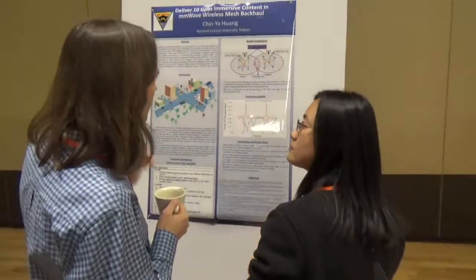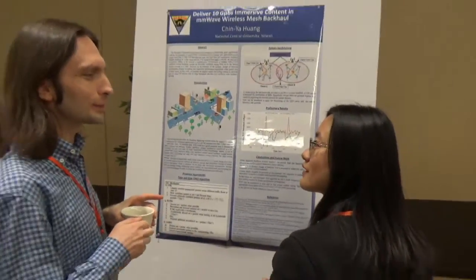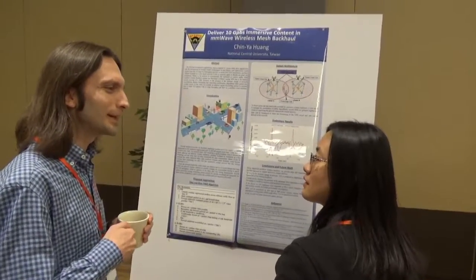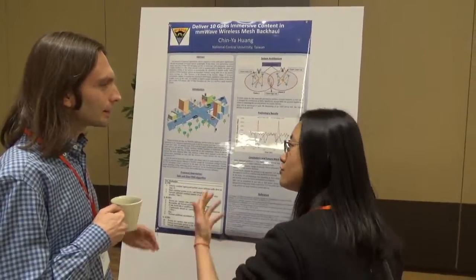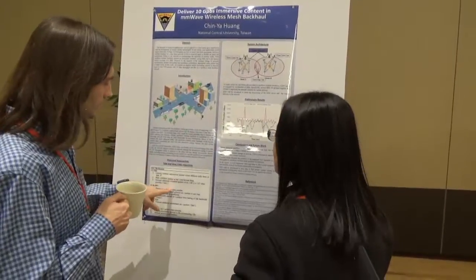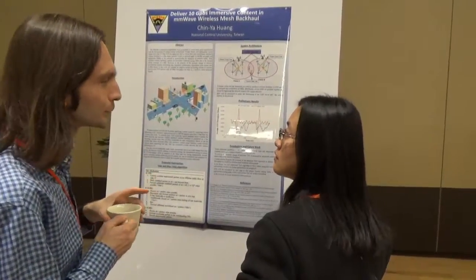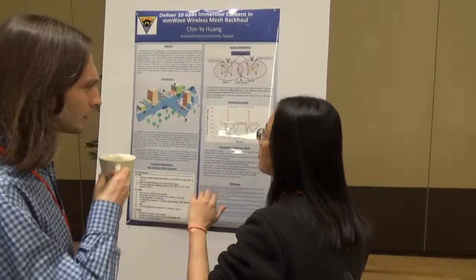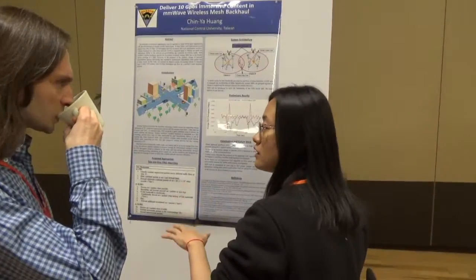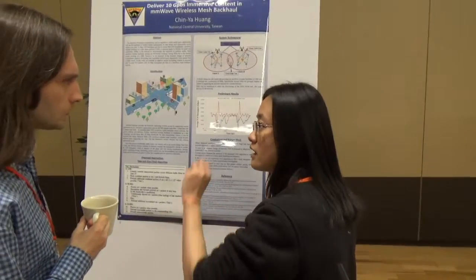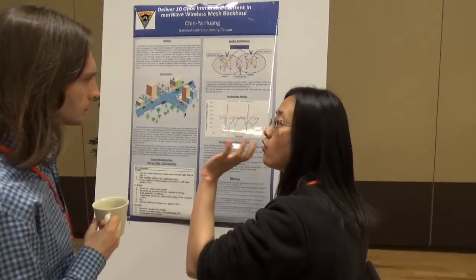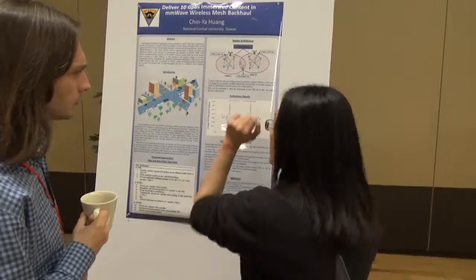So again, what is different? This is an illustration of what is different compared to the previous approach that was linear. They combine the packets at the first part. It's called intraflow. Here it's interflow.